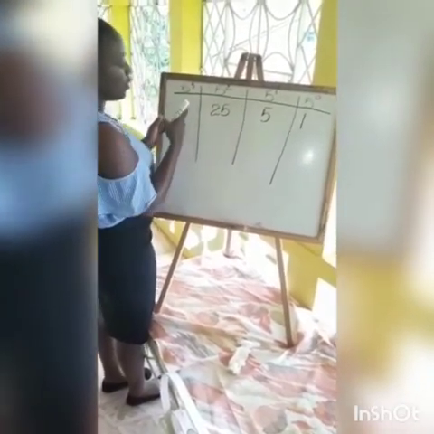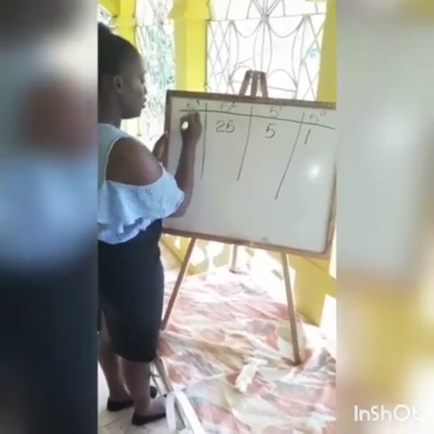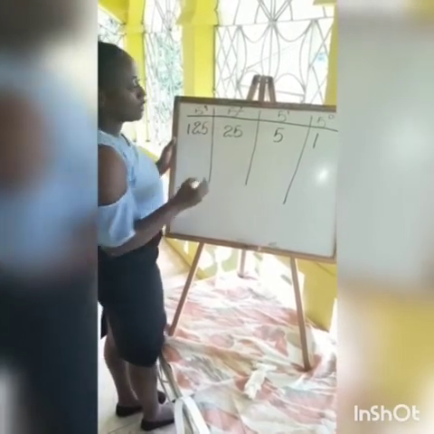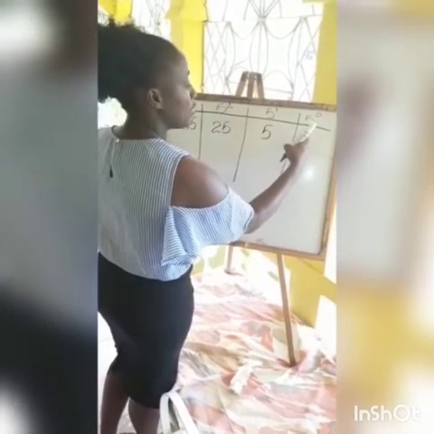And 5 raised to the power of 3 is equal to 125.